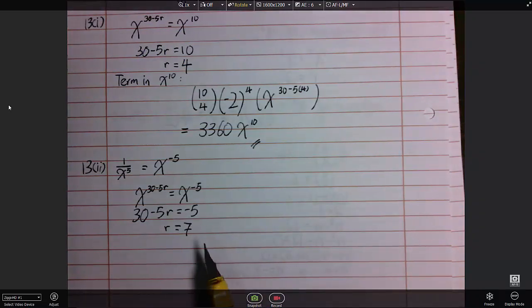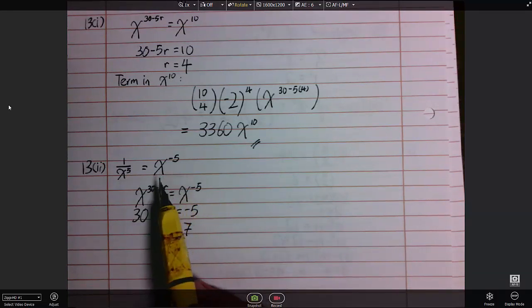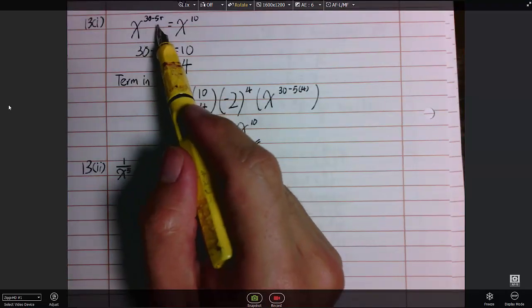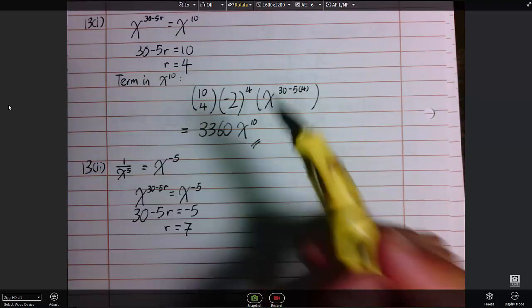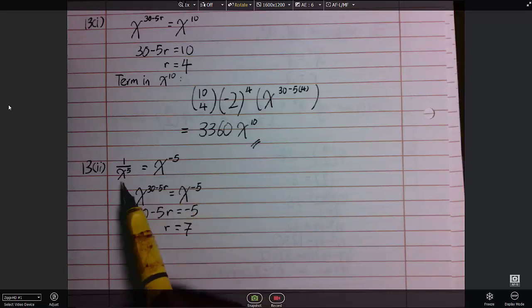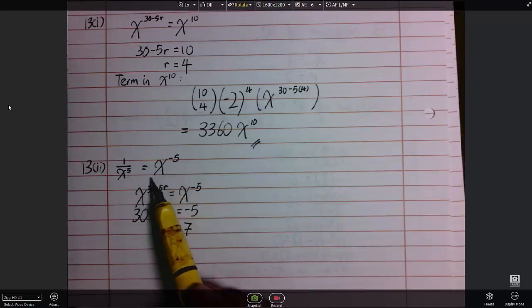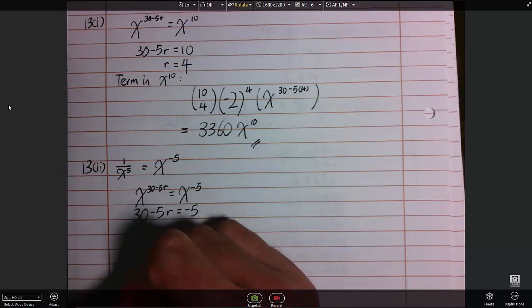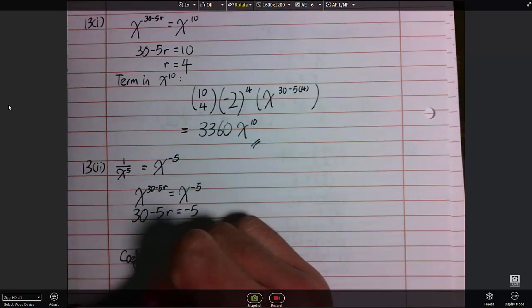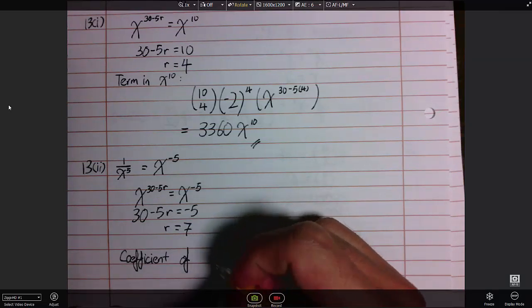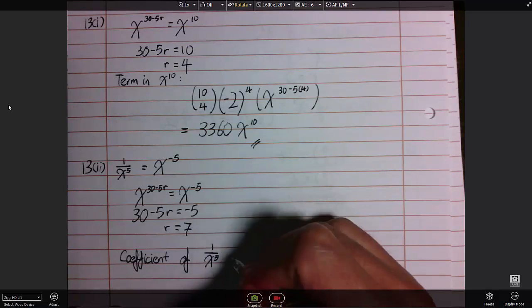So for the r value of 7, when I substitute r equals 7 into here, 30 minus 5 times 7 is 30 minus 35, which gives me negative 5. So if r is 7, I'll get a term with x to the power of negative 5, which is 1 over x to the power of 5.